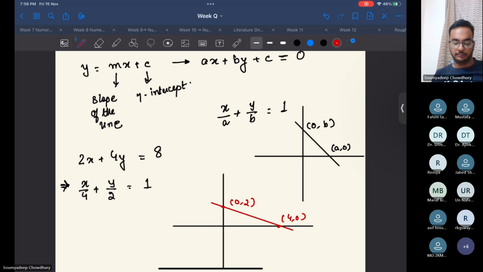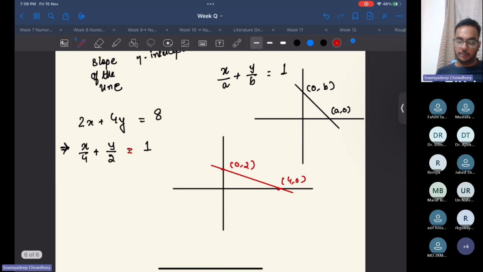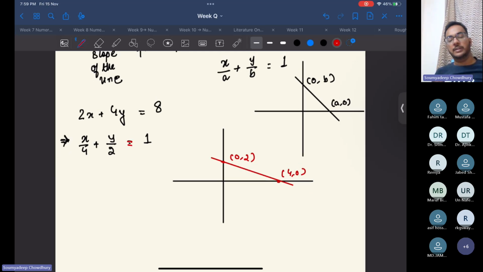Yes, sir. Okay. So now if I tell you how to solve equations, suppose there are two variables, x and y. If there are two unknowns, you will need two equations in order to solve that. Suppose this is my first equation, 2x plus 4y equals 8, and one more equation, x plus 3y equals 9.